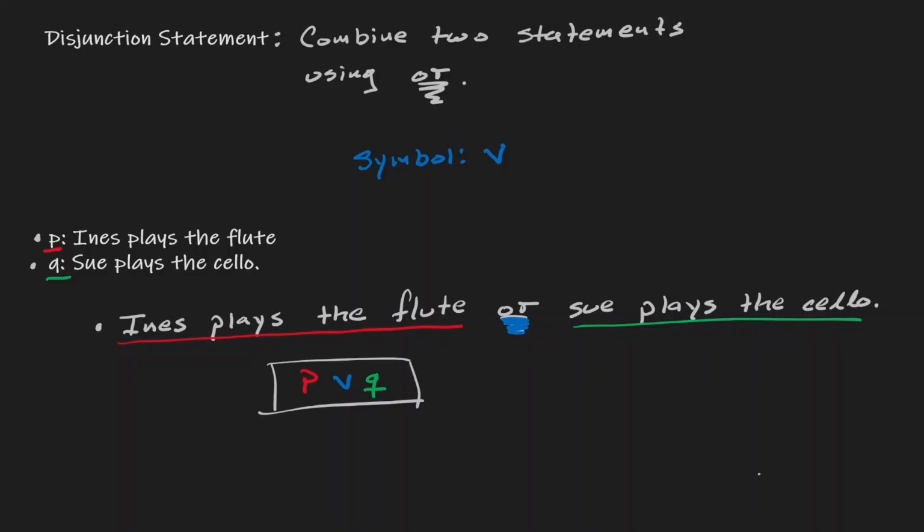Instead of saying Inez plays the flute or Sue plays the cello, we can say P or Q, where P represents Inez plays the flute and Q represents Sue plays the cello. So a disjunction statement is when we combine two statements using the word or.